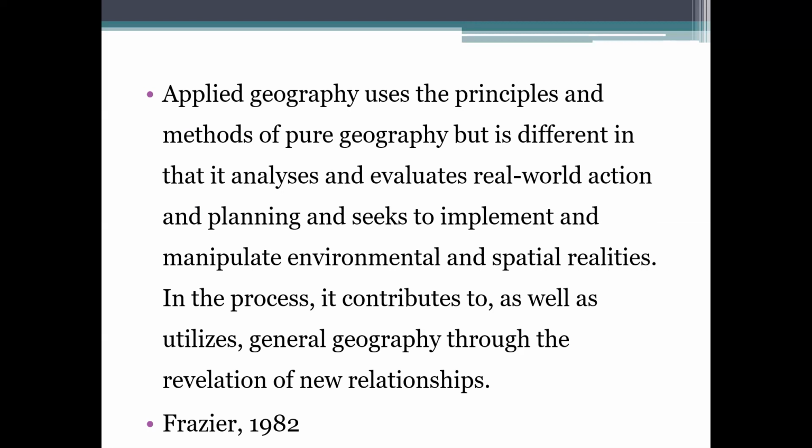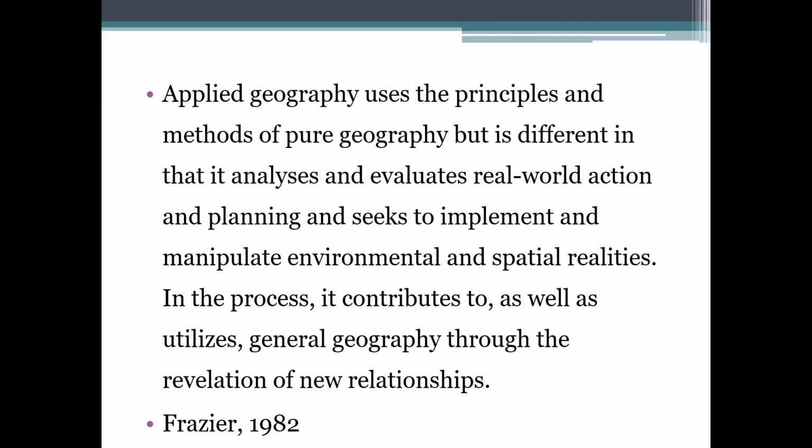Therefore, we need to use the principles and methods of pure geography. Pure geography means academic geography, as we discussed.